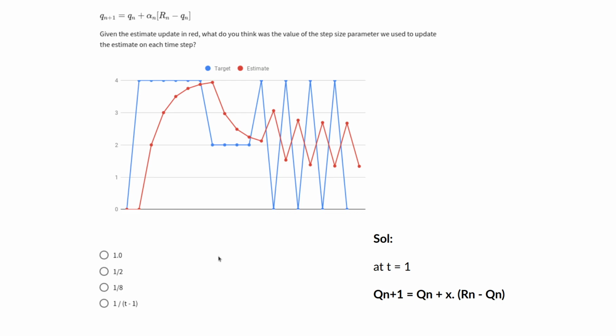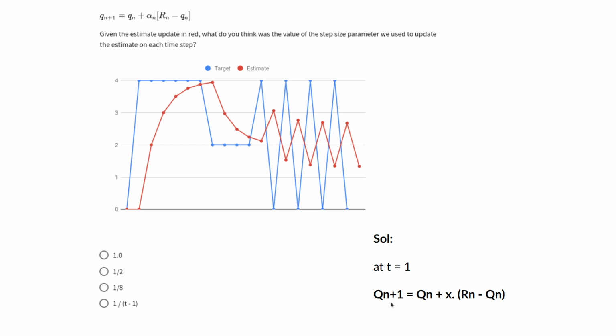Okay, so let's explain. The red one is what we are learning, and the blue one is the target. So I'll take the point t equals 1, what was the estimate and what was the true value. At t equals 1, the estimate was 2, but the final one was 4. So I'll put it here. Qn plus 1 was 4.